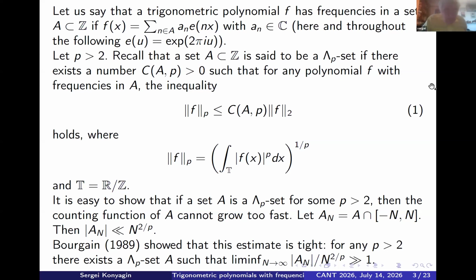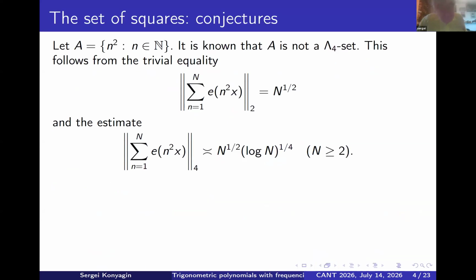Bourgain proved that this estimate is sharp, so there is a set A such that A is a Lambda(p) set, and for any N, the number of elements in A up to N has the order N to the power 2 over p. So first, some conjectures about squares.